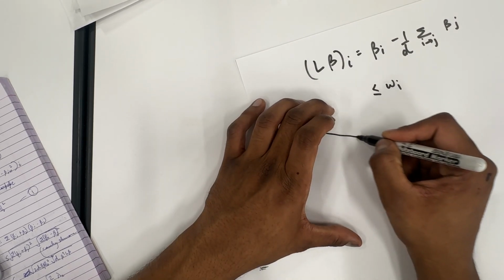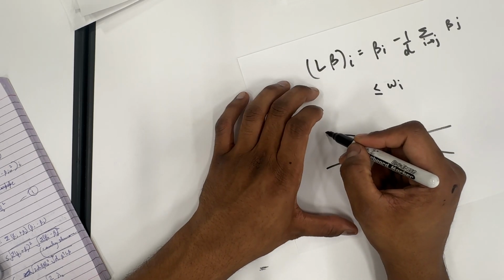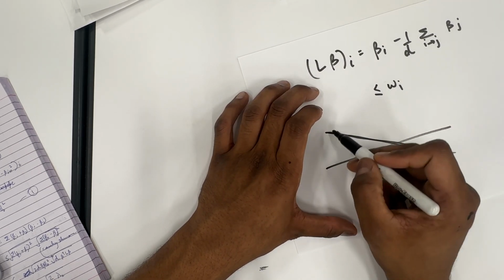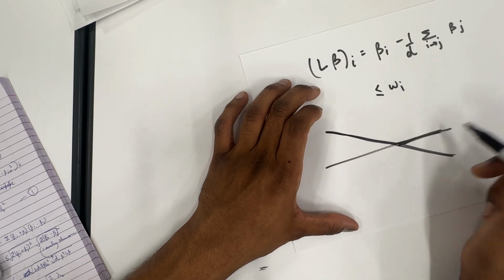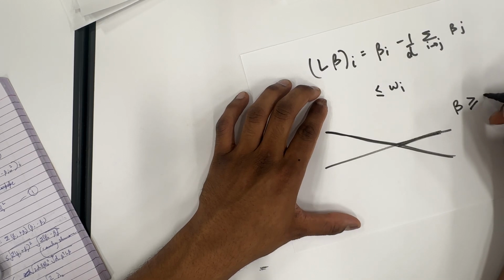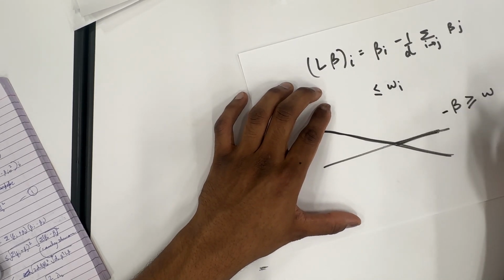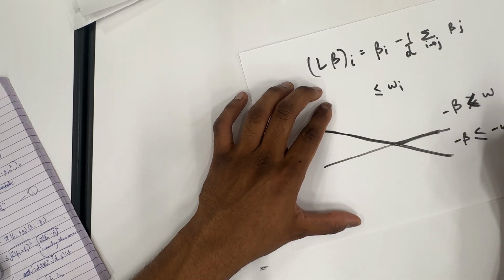If this was my v vector, going from positive to negatives, the betas are positives and then capped at 0, like here. So what I'm saying is my betas are always greater than or equal to my w's. So my minus betas are always less than or equal to minus w's.